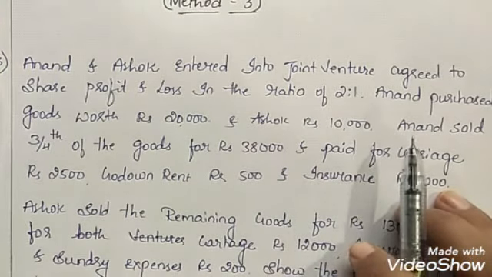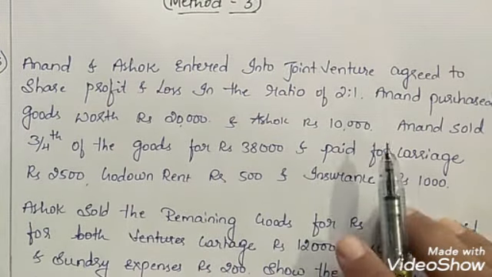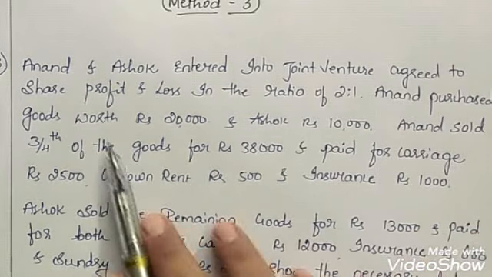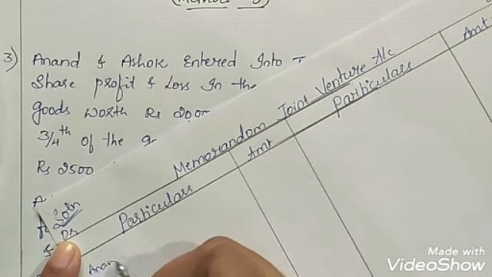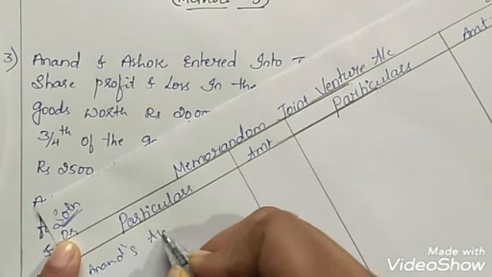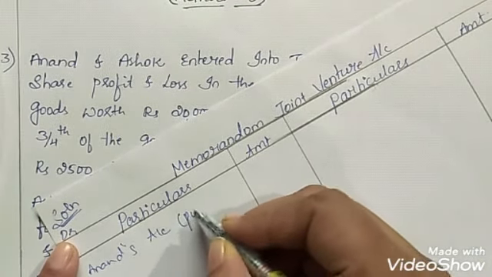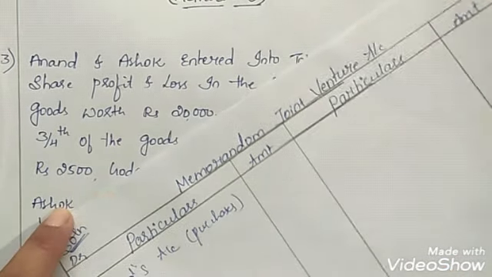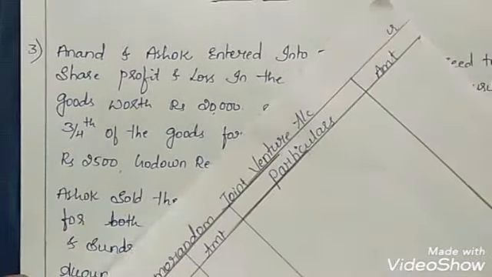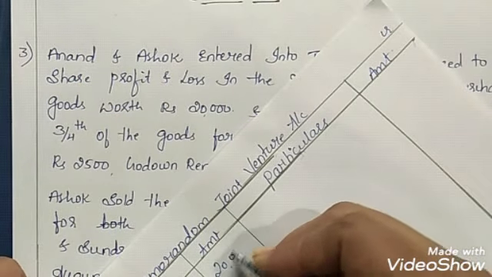So how to record the first transaction here? See, it's very simple. Anand has purchased the goods, so mention Anand's account, in brackets for purchases. The amount of purchase is rupees 20,000.